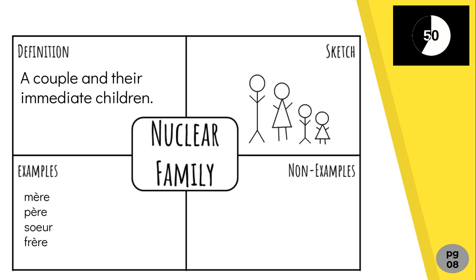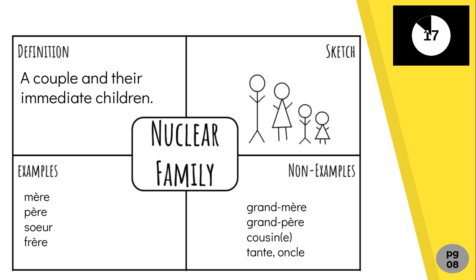Examples of who's in a nuclear family: mère, père, sœur, and frère. And then non-examples are the things that aren't a nuclear family, like grand-mère, grand-père, cousin, cousine, tante, and oncle.